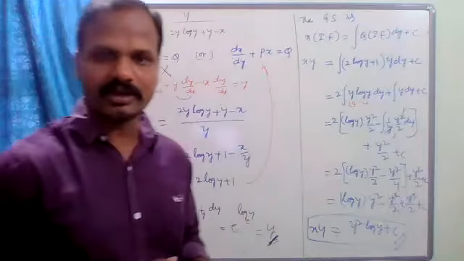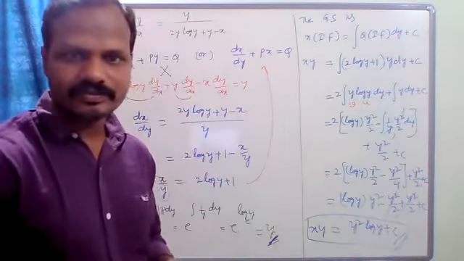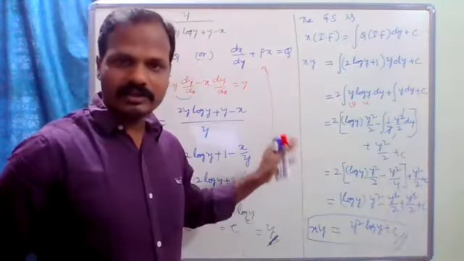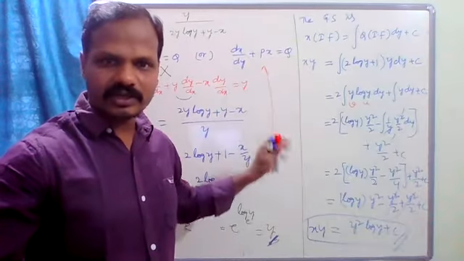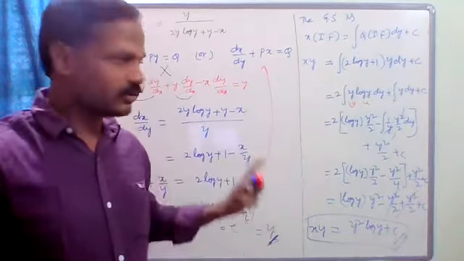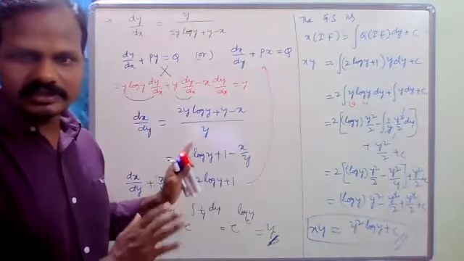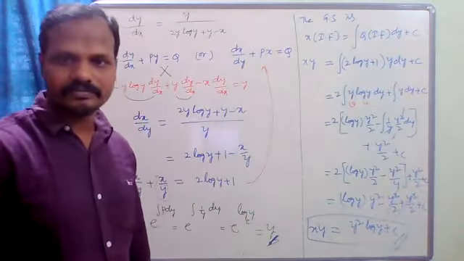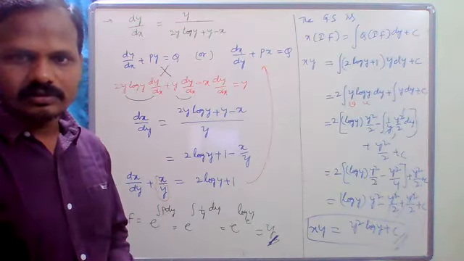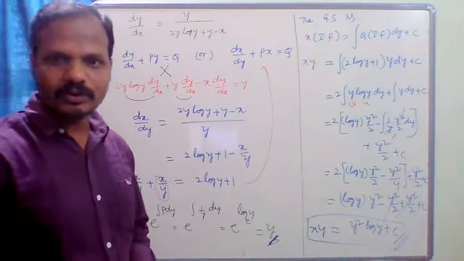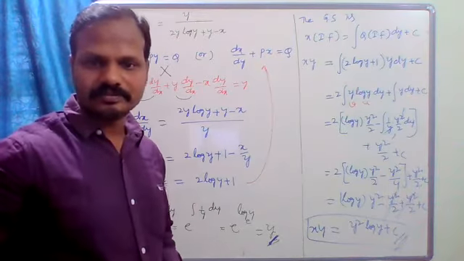That is the integration by parts formula. I will give the solution in the notes, you don't worry, no need to write. Just look at this solution, whether it is clear or not. If you don't have any problem, we will close this session.